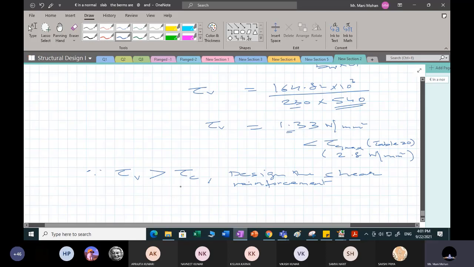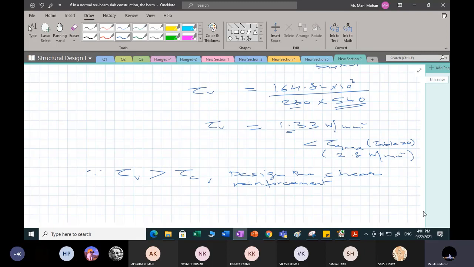Suppose tau V is less than tau C, it means you have to just give the minimum shear reinforcement. Yesterday we solved a problem where we designed minimum shear reinforcement, and also the shear reinforcement when tau V was greater than tau C. And I'm getting this particular case, tau V is greater than tau C. So let us design it.